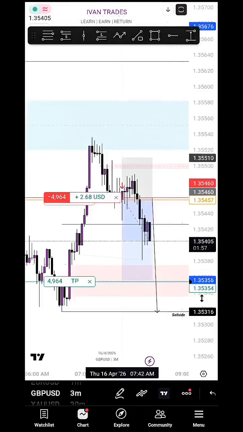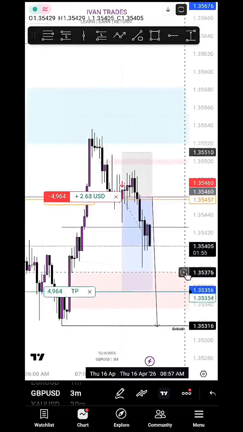So GBPUSD is not expanding as I expected.